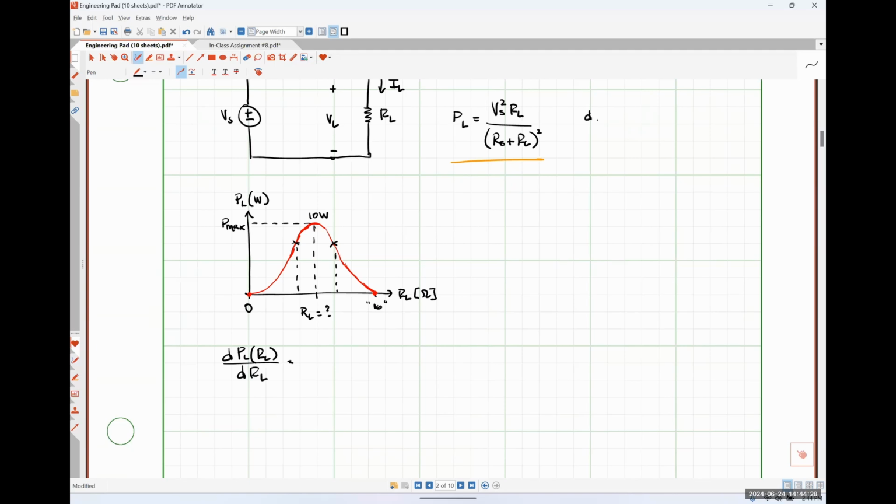The derivative with respect to x of f of x over g of x should be g of x f prime of x minus f of x g prime of x over g of x squared.